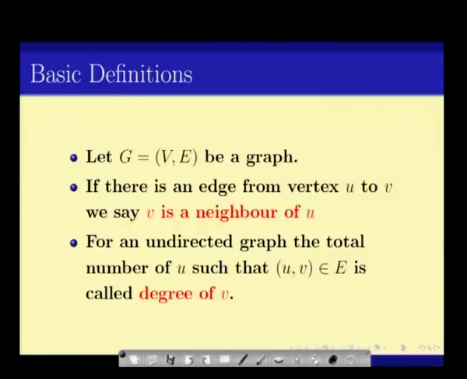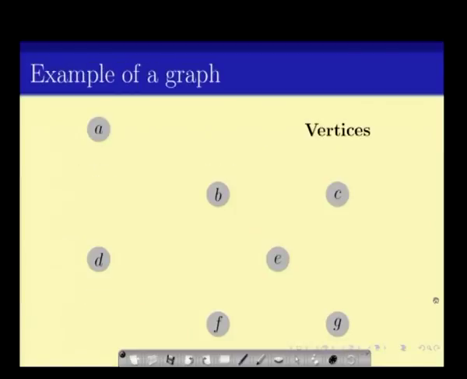The size of the neighborhood of a vertex u is called the degree of u, or in other words, the degree of u is the number of vertices which are related to u, or for which there is an edge from u to that element. Let us consider some example.